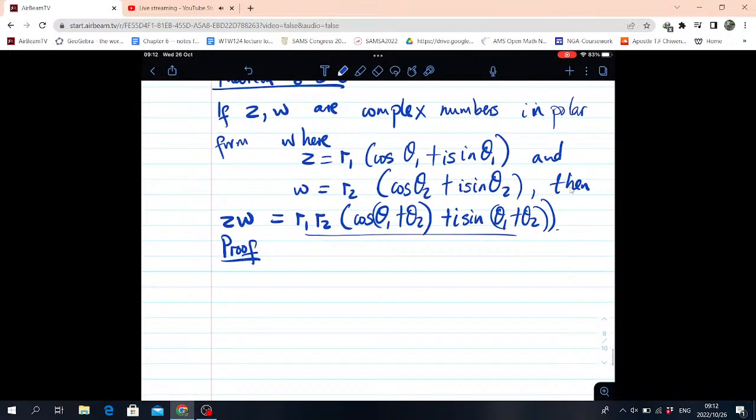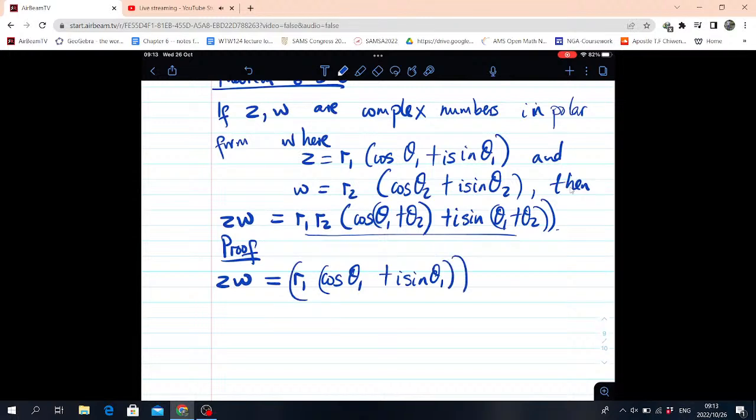So let's look at the left-hand side that we have. If we start off with zw, we are going to have r1 cos theta 1 plus i sine theta 1, like that, right?